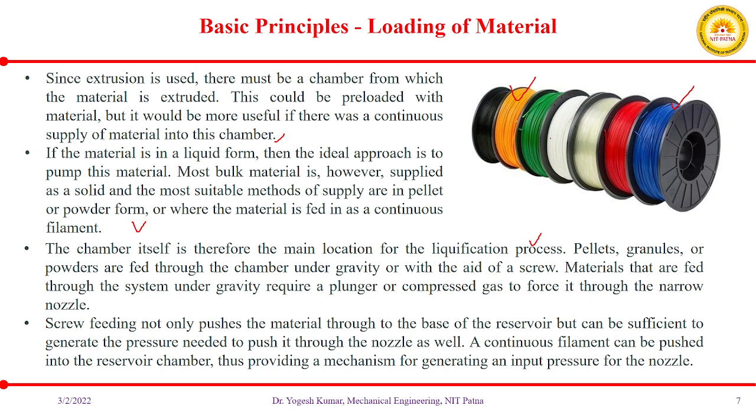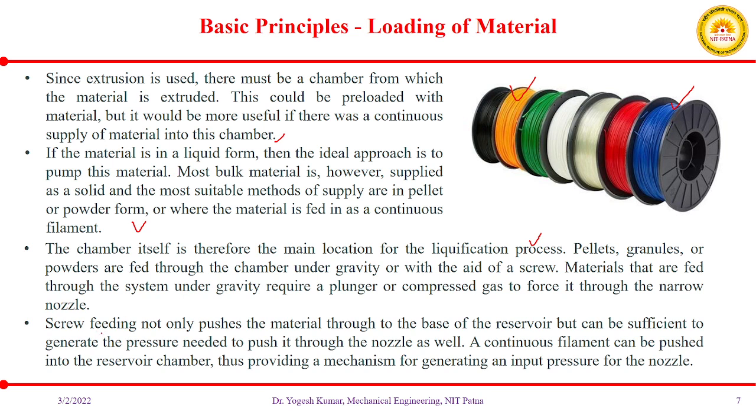Okay, so here you can see multiple colors: red, white, blue, green, yellow, black. The material itself comes in these forms. If you go to the market, you can easily purchase these spools. And after loading, this material goes into your nozzle. Okay, that part we will discuss.